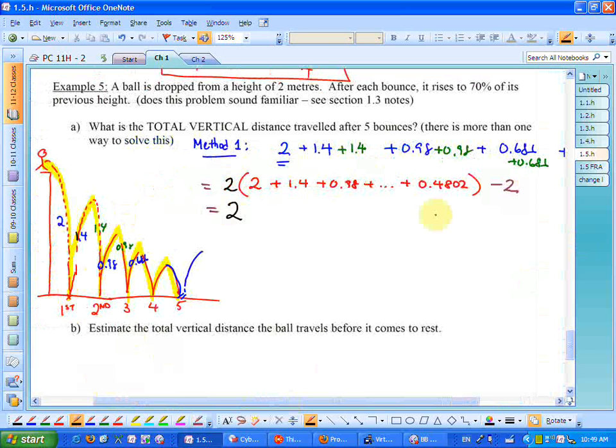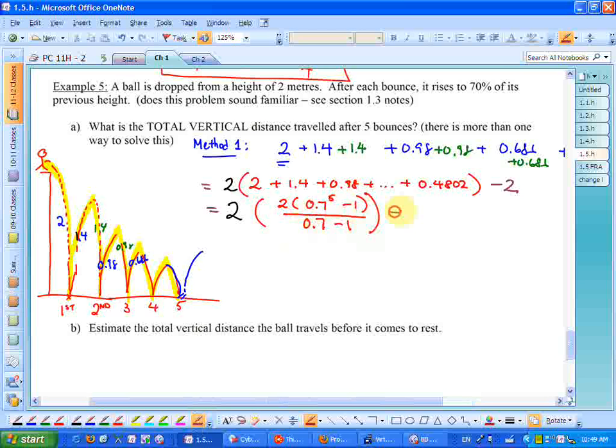2, and then now what's this stuff in red? Well, guess what? That's just the sum of a geometric series. I'll use that formula. 2 bracket 0.7 to the power of, how many terms are here, by the way? 1, 2, 3, 4, 5, right? Minus 1, all over 0.7 minus 1, close the bracket, and then don't forget to minus 2.